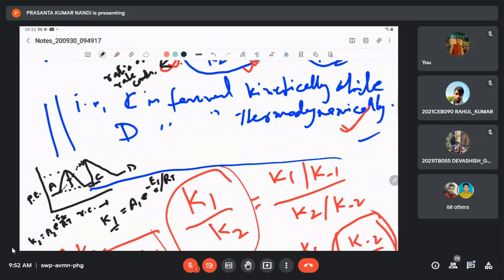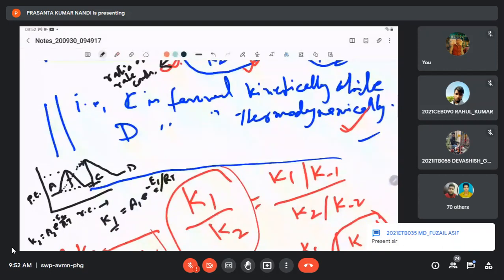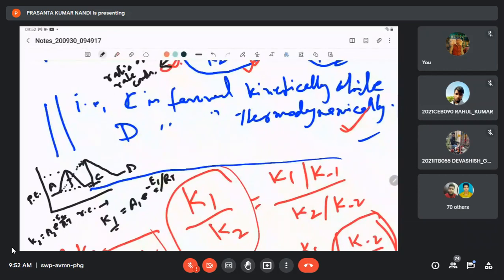So C to A and A to C is reversible, and they interconvert very fast. But if you follow this A to D, since the barrier height is larger, as per my drawing, the D to A conversion will also take much time. So at any time you can see the concentration of D will be much larger compared to C, right?